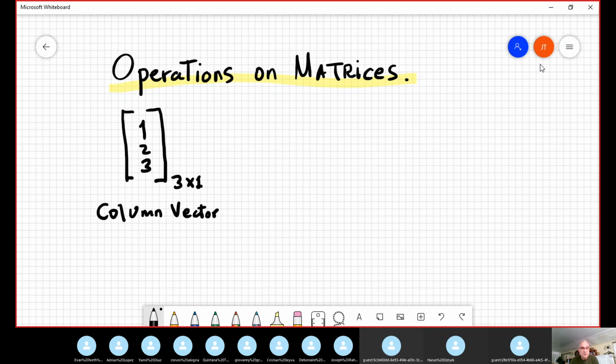Likewise, we have, for example, 1, 2, 3, but in that direction. This is 1 by 3 because we have 1 row, 3 columns, and this is a row vector.